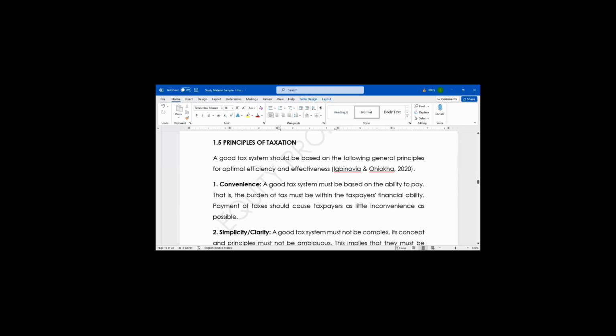Personal income tax is paid on the 10th of the following month. That means personal income tax for December salary must be paid on or before the 10th of January. That means it's convenient. It is after the employee collects the salary that government will come and ask for personal income tax on that salary. You cannot say that before the employee collects the salary, they should pay personal income tax on the salary. No.